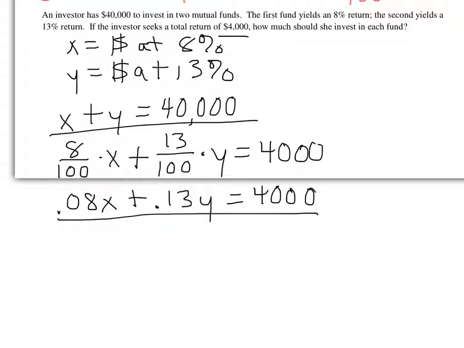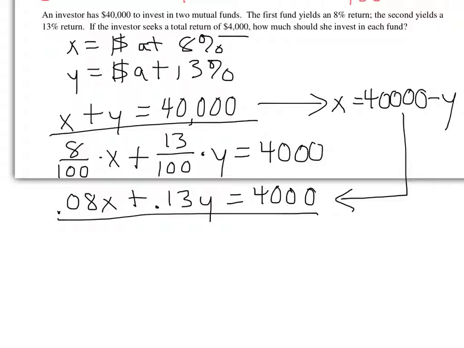So now we need to solve one of the equations for one of the variables. That first equation is going to be easier to work with because it has X plus Y. That's easy to solve for X or Y. X equals 40,000, subtracting Y from both sides. That gives us our X.